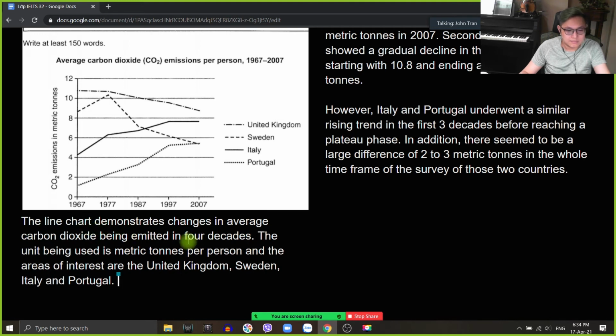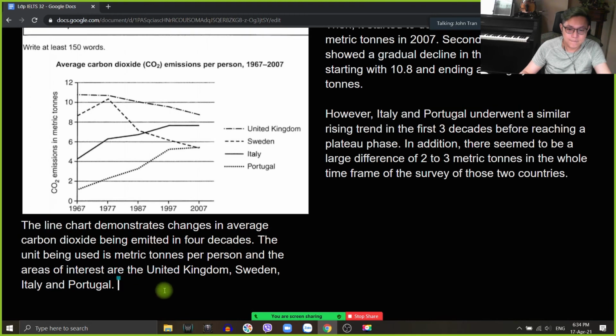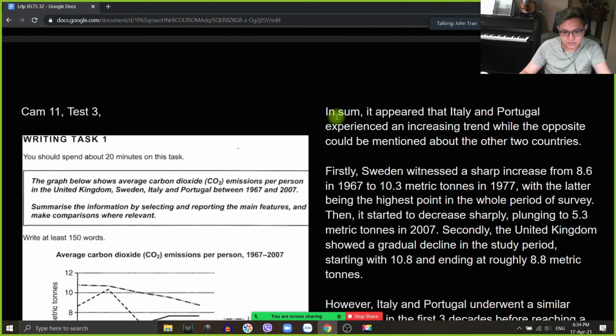The unit being used is metric tons per person and the areas of interest are the United Kingdom, Sweden, Italy and Portugal.